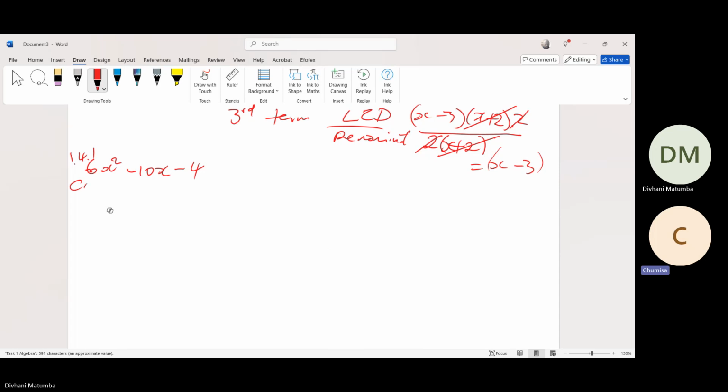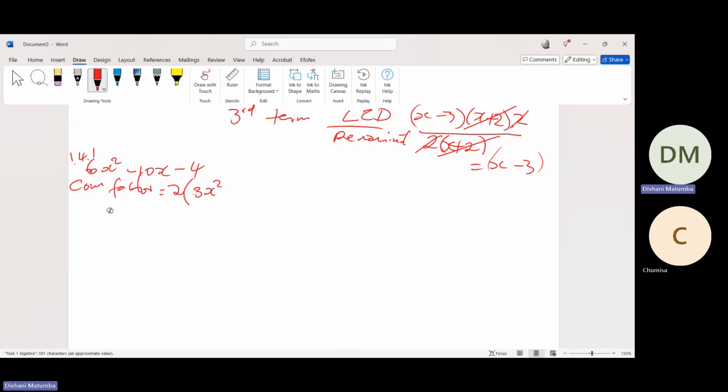It's 2, sir. Okay, so I'm going to take out 2. And then what are we left with? If you take out 2, what are we going to be left with? 3x squared.